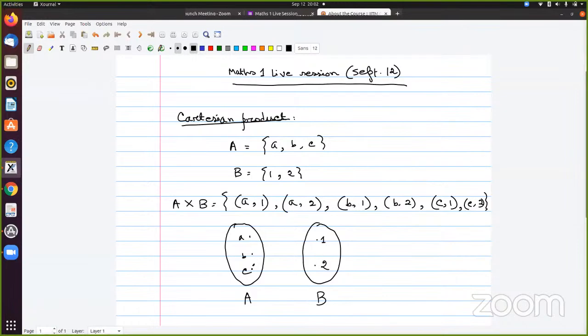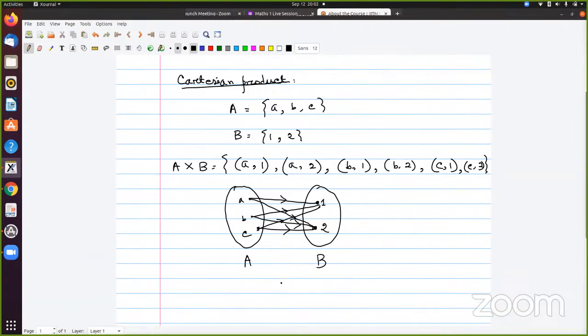So I can view it like this: A is related with both of these, similarly B is related with both of these. All possible relations, right? This is how I connect the two sets. This is basically your Cartesian product pictorially. Any doubt till this portion? No, sir.